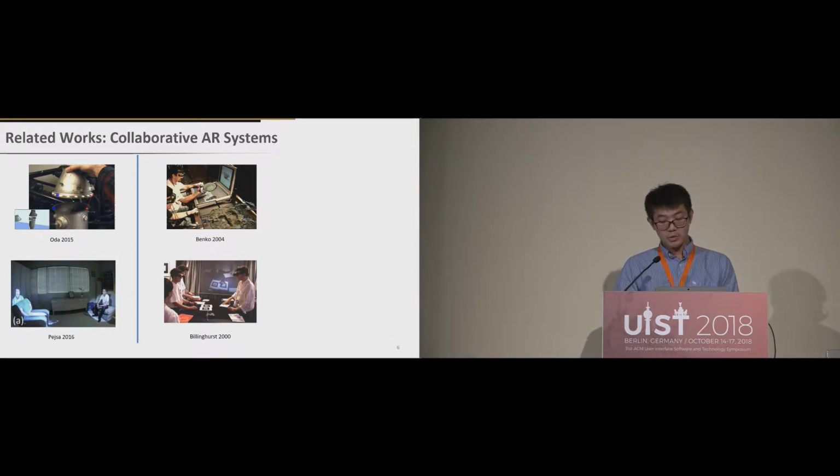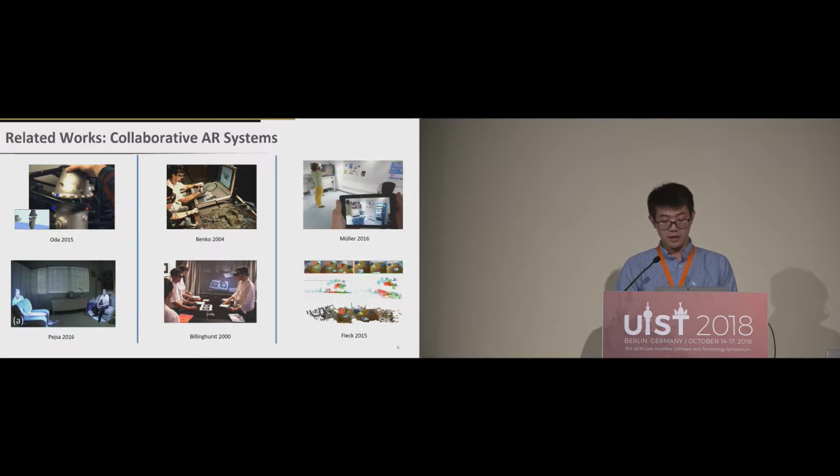To register multiple users within a global frame, external tracking devices have been used in previous works. Or by referring to a commonly shared fiducial marker, the transformation between users can be resolved. When it comes to SLAM-based AR, multiple users can actually share a pre-scanned map as their reference.